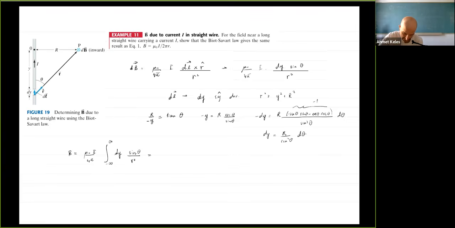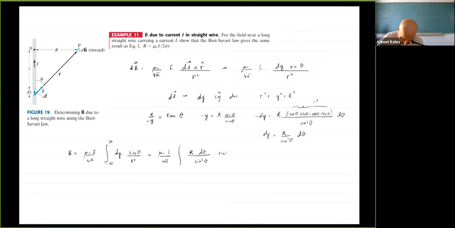Now I do this change of variables. It's going to be mu 0 I over 4 pi. Whenever I see dy, I put R d theta divided by sine squared theta.